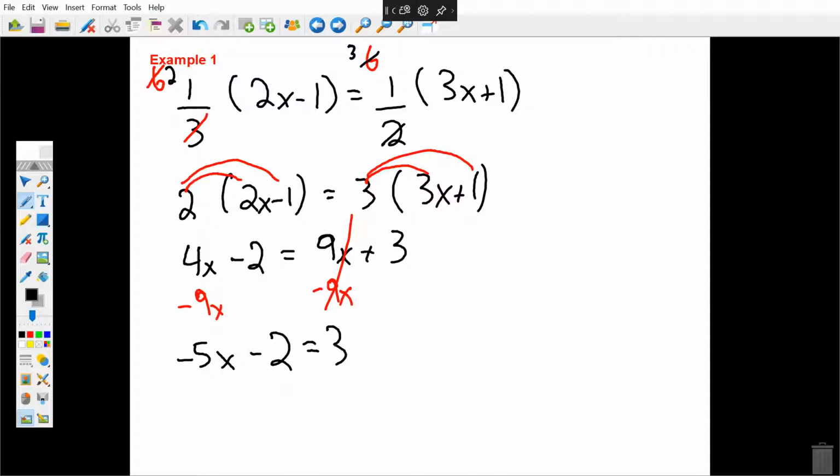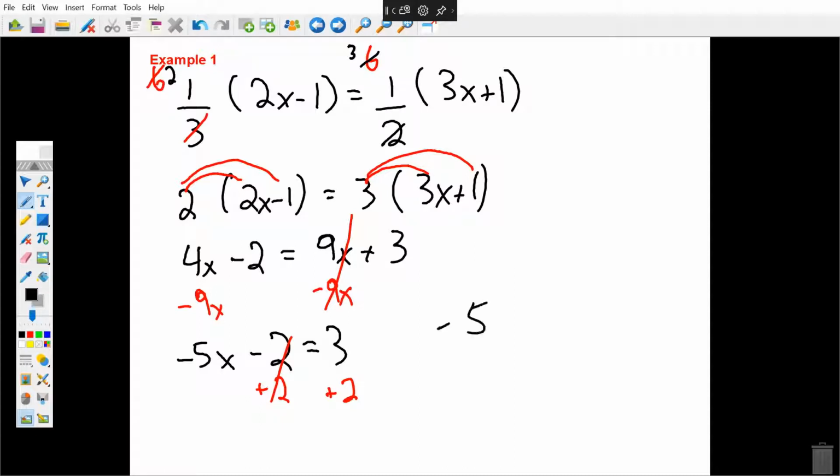equals 3. Well, now the question looks more like something we did in 8.2, so a little bit easier to deal with. Negative 5x minus 2 equals 3. The opposite of negative 2 is positive 2. We add that to both sides. Those cancel.